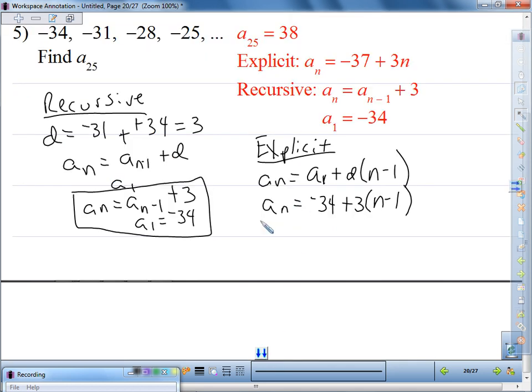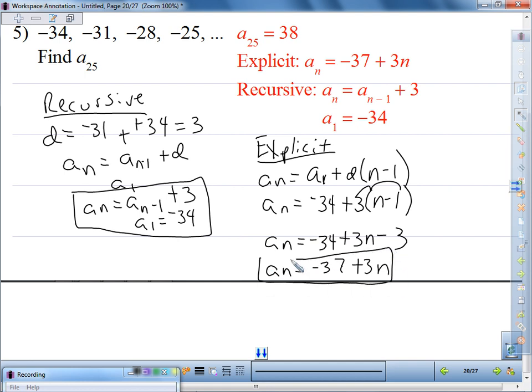Okay, so we're going to simplify this. We're going to distribute the 3. So we end up with a sub n is equal to negative 34 plus 3n minus 3. Combine, so we end up with a sub n is equal to negative 37 plus 3n. Okay, and so that's our explicit formula.